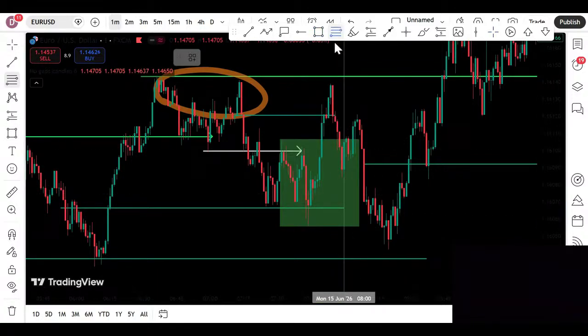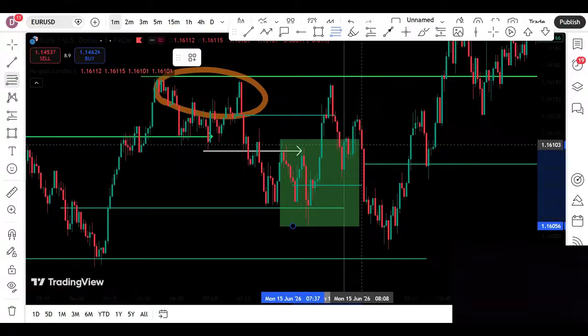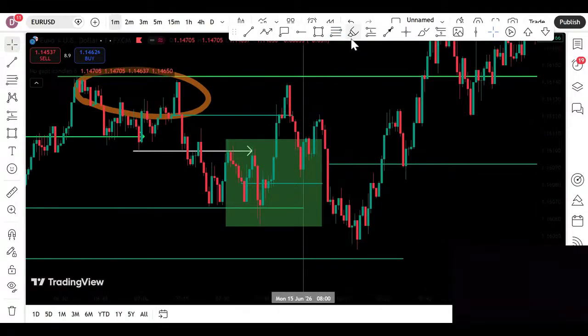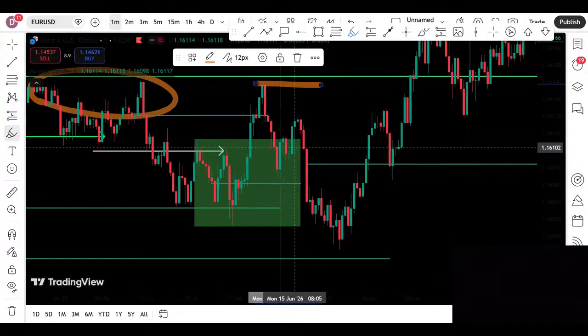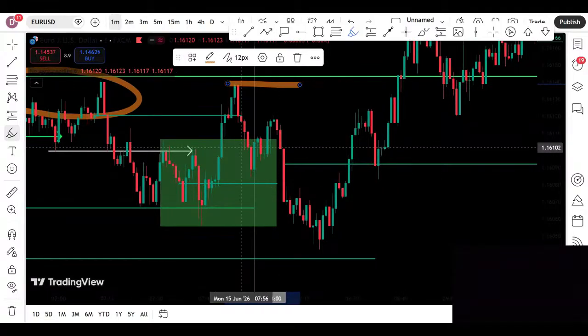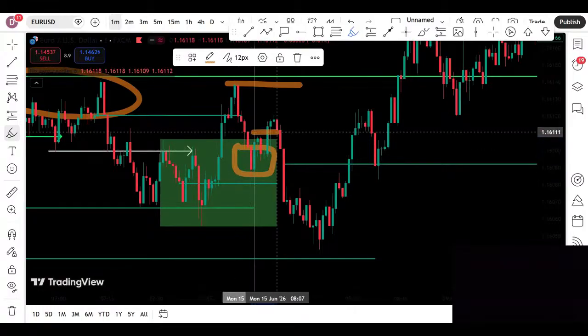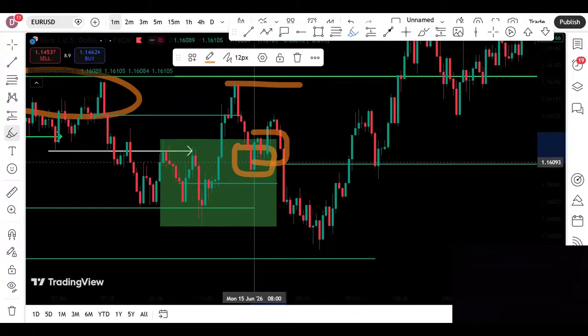Right. So what do you want to see? You want to see us break this, or what you want to see is, look, we had a body closure around here. Then we had price tap back in.